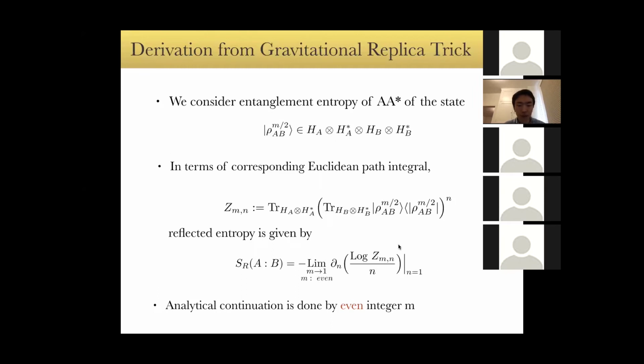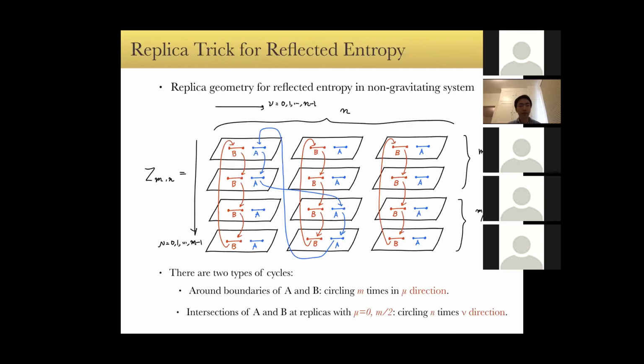Note that we have to do the analytic continuation with even integer m, which is similar to what we do in the negativity computation. And the replica geometry for this partition function is given by the following manifold.